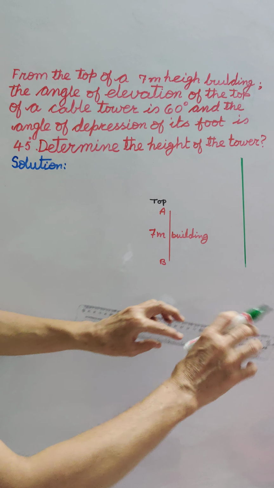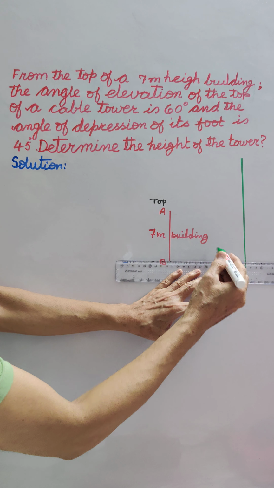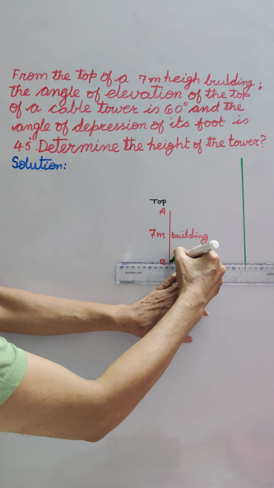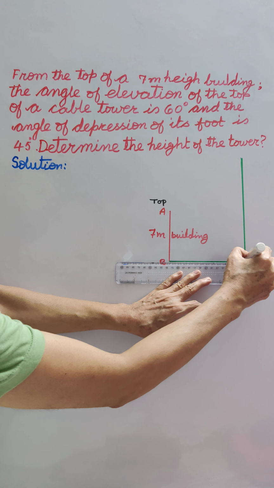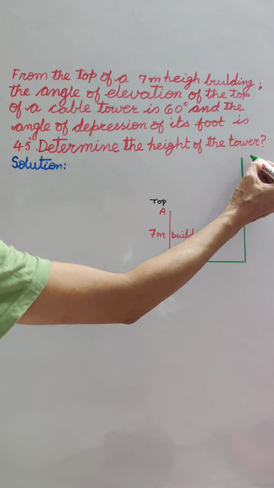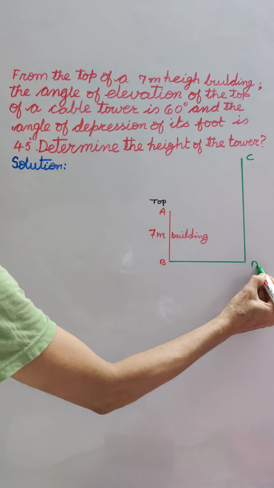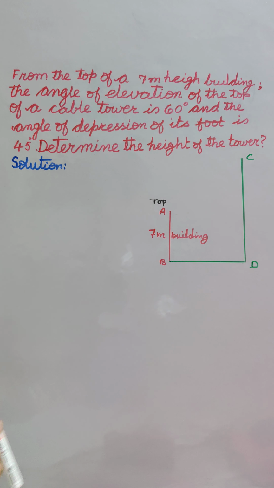This is the tower and this is the ground. Sorry, the tower is CD. CD is the tower, BD is the ground.